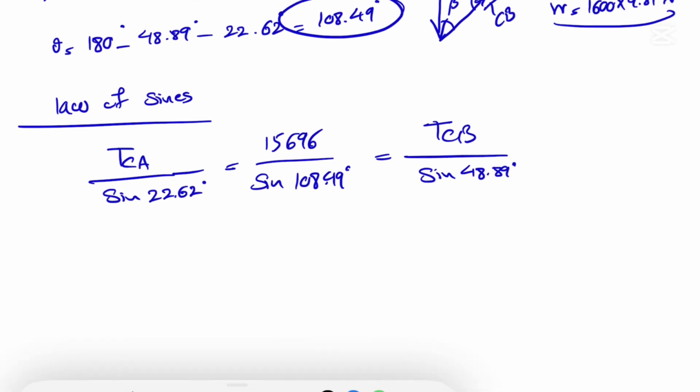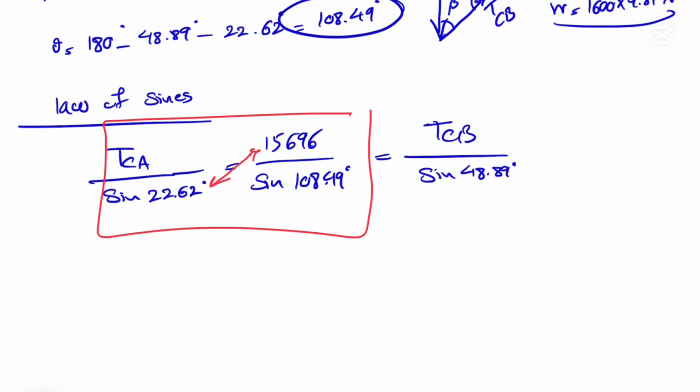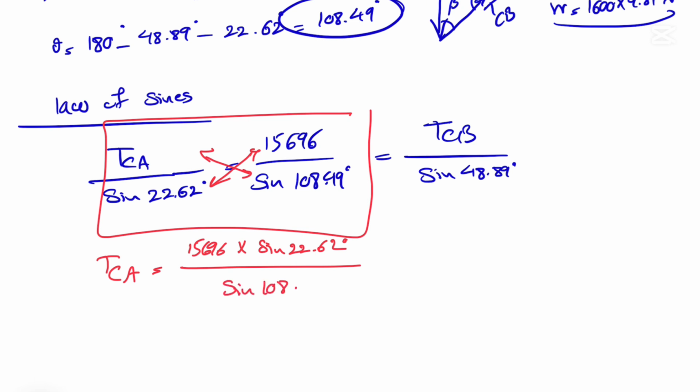If we go with these two and cross multiply, we can find TCA. TCA here would be 15,696 times sine of 22.62 degrees over sine of 108.49.